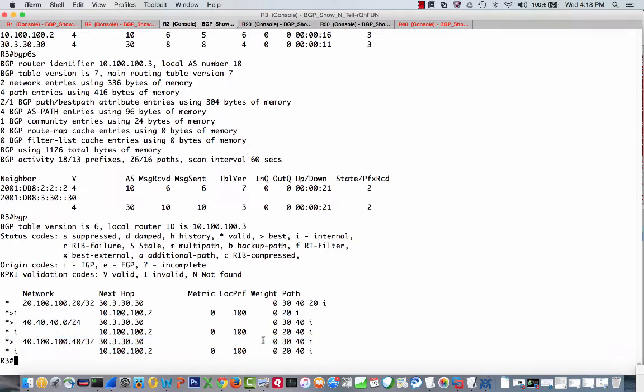If we look at 40, 100, 140, they're both originating in Autonomous System 40. And this is the one right here that we are learning from our peer router 2. And this is the one that we are learning from R30. The one that was selected as best, as you can see right here, is actually the one that is being learned from R30. Now, why would that be the case?